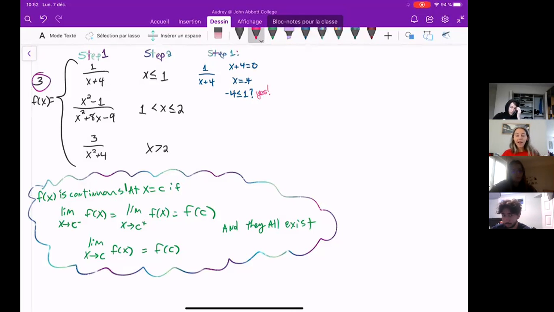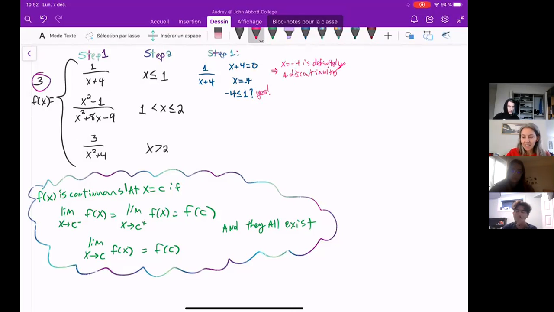Okay, so what that tells me is that x equals -4 is definitely a discontinuity, but this is not justification of that answer. This is just like saying, hey, look, it's not in the domain. It's not justification though, because it's not using that limit definition.